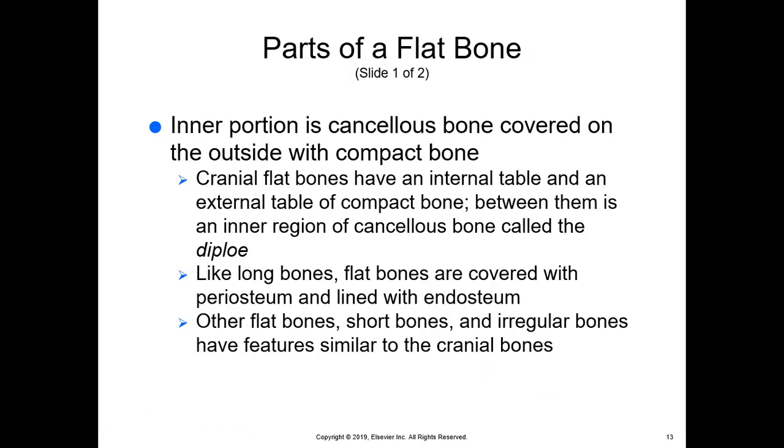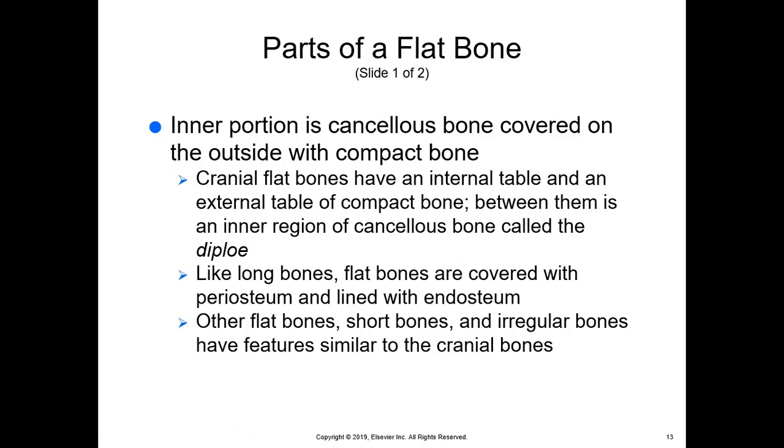Okay, so now let's look at the parts of the flat bone. If we look at it, the inner portion is spongy bone covered on the outside with compact bone. A good example of a flat bone is the cranial flat bones. They have an internal table and an external table that's compact bone, and in between those you have the spongy bone.